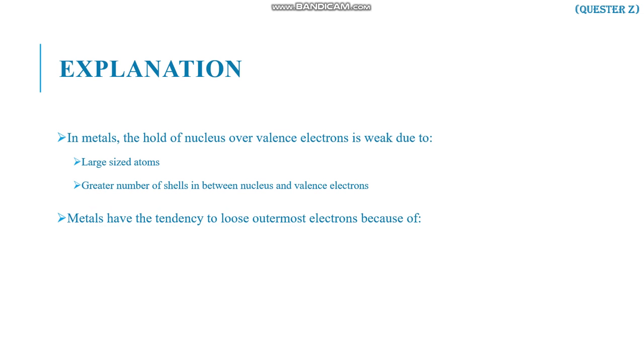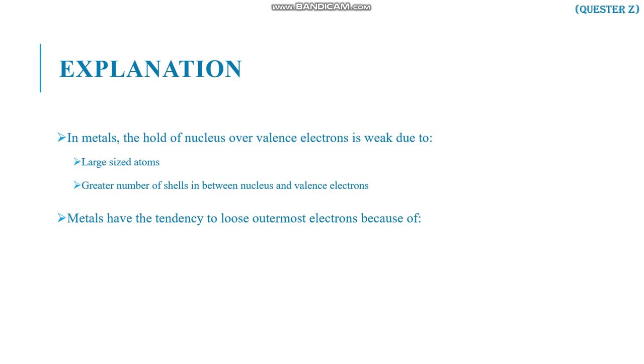If the number of students between the examiner and the student sitting at the last of that examination hall is higher, the hold of that examiner over the last student will be weaker. If the number of students is lesser, then the hold of the examiner over the student will be higher. That is the example related to the number of electrons.